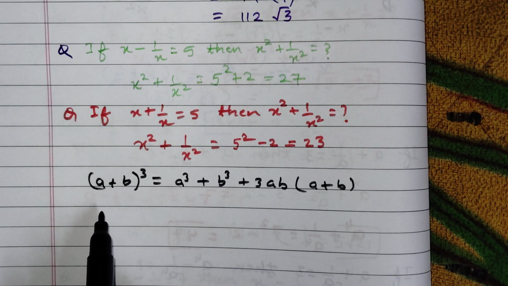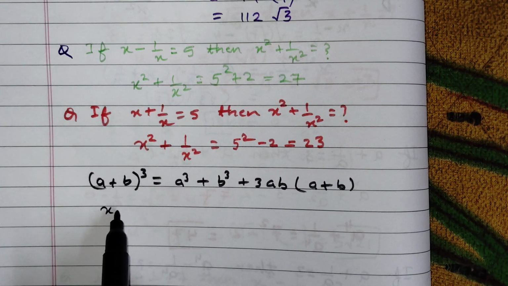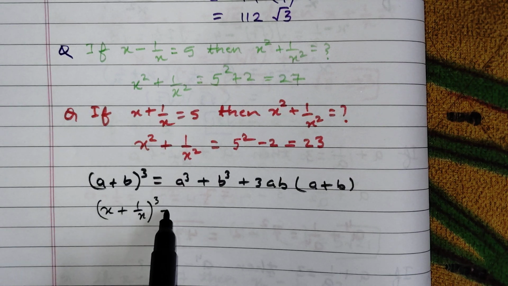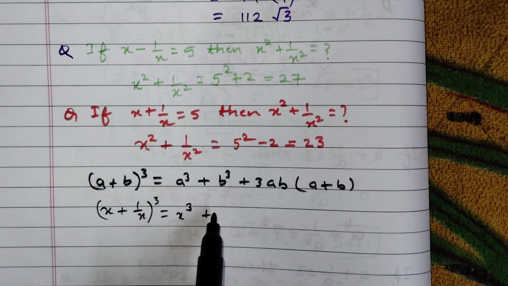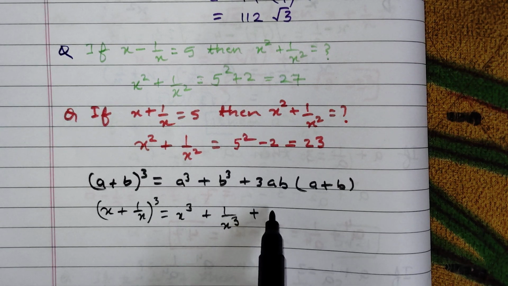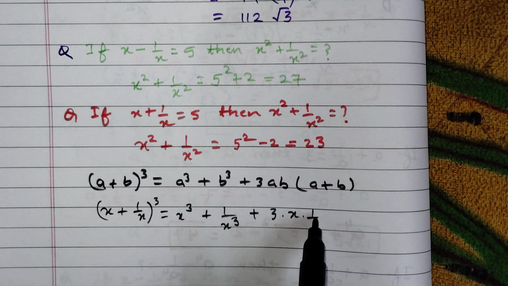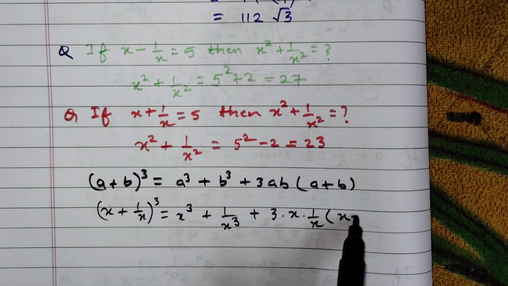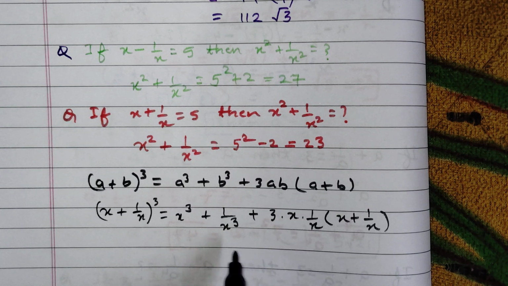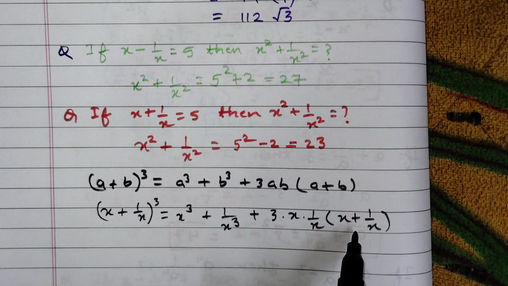If we replace a with x and b with 1 upon x, we get x plus 1 upon x whole cube equal to x cube plus 1 upon x cube plus 3 into x into 1 upon x, then x plus 1 upon x. So x in the numerator and x in the denominator cancel out. We get x cube plus 1 upon x cube plus 3 times x plus 1 upon x.